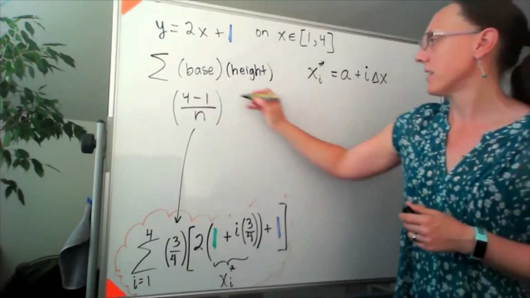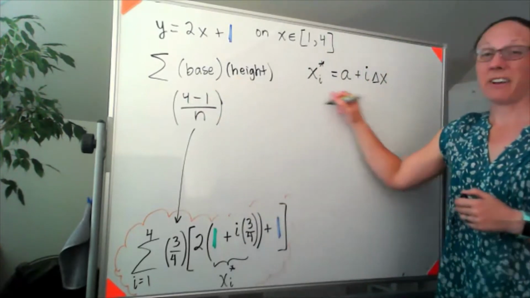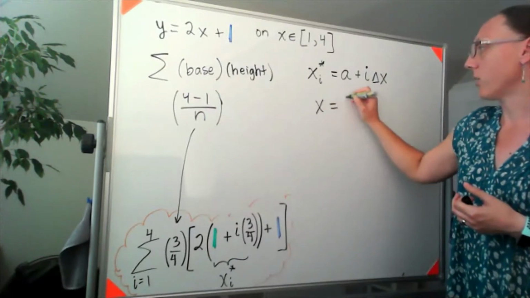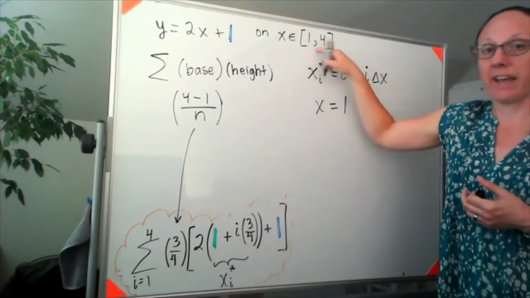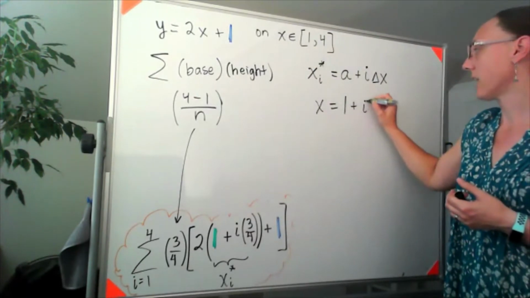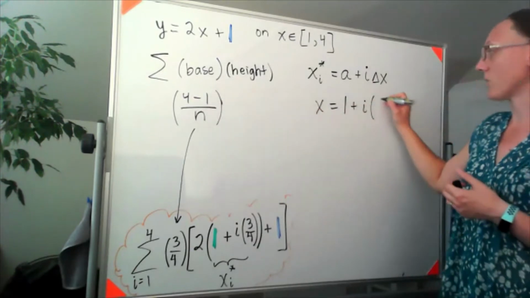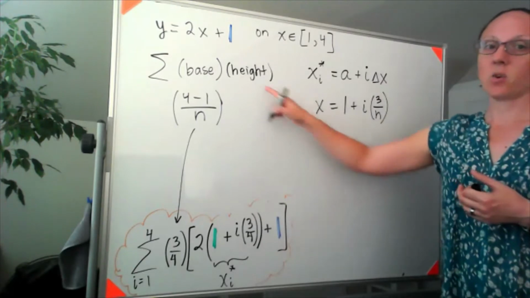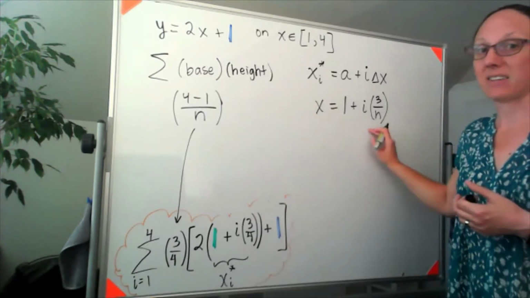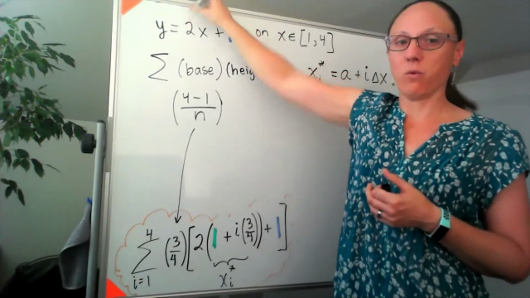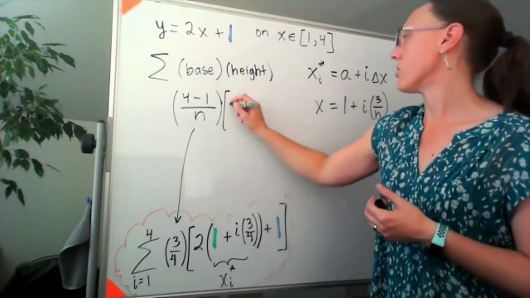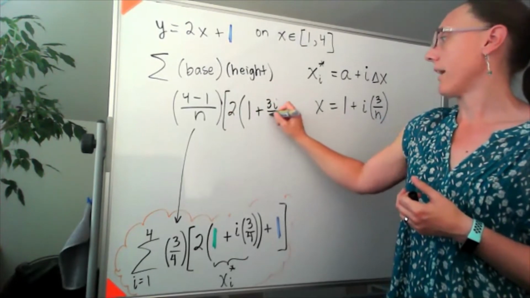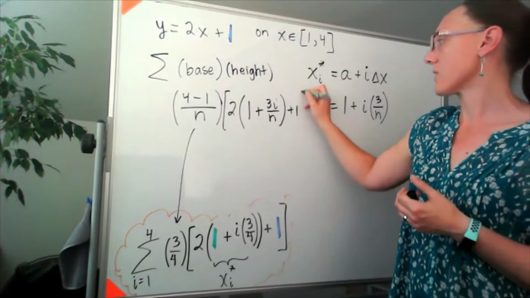And our height, we need to figure out what our generic x value is. And that generic x value is going to look like 1, because that's our starting x value, plus i times our delta x, which was 3 over n. So our height comes from taking this x and plugging it into the formula. So we would have 2 times (1 plus 3i over n) plus 1.